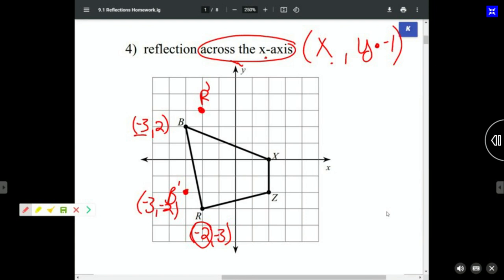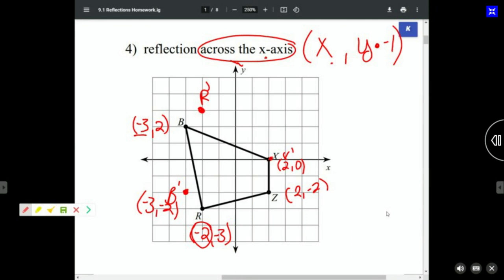X is going to be a little bit tricky because that's a 2, 0. Again, what happens when I multiply 0 times -1? So x prime ends up being the same exact point, right? Z, 2, -2.